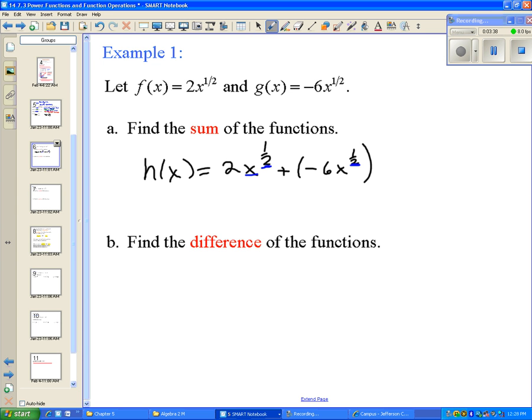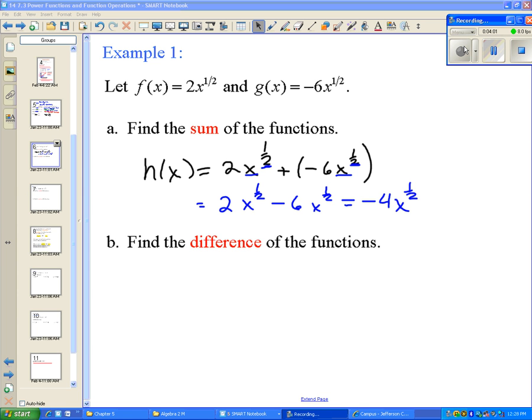My variables are the same. So this is telling me to say 2x to the 1/2 minus 6x to the 1/2. Since the variable and the exponents are the same, I just subtract. 2 minus 6 is going to be negative 4x to the 1/2 power. That is my answer.